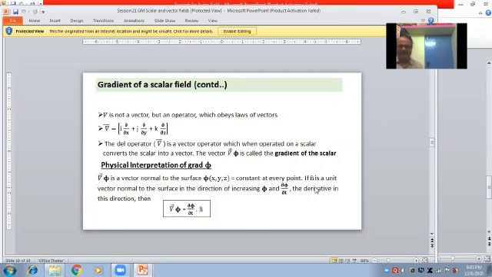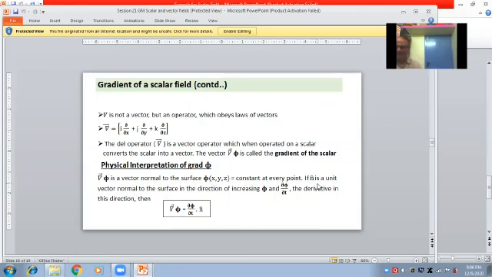That means the gradient of the scalar field is a vector. The scalar field is a scalar quantity, but when the del operator operates on it, that quantity is converted into a vector. So this del phi is a vector, which is always normal to the level surface at a given point.